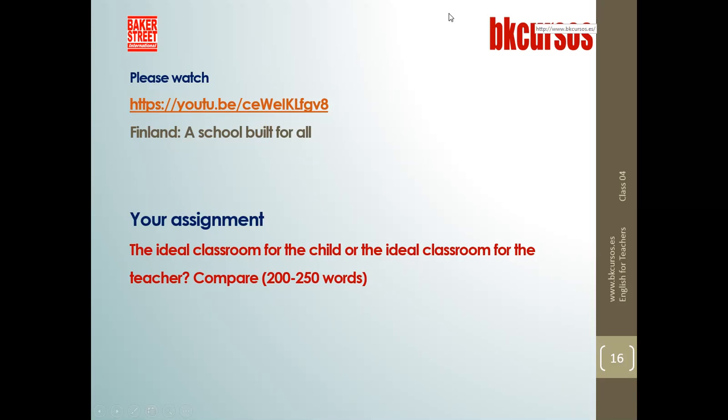You might want to write a short introduction about what a learning space or classroom normally is, what a child's perfect classroom would be like, and what a teacher's ideal classroom would be like. Don't feel bound by experience. Use your imagination, of course, and then maybe a little conclusion at the end to tell us why they're not always the same.